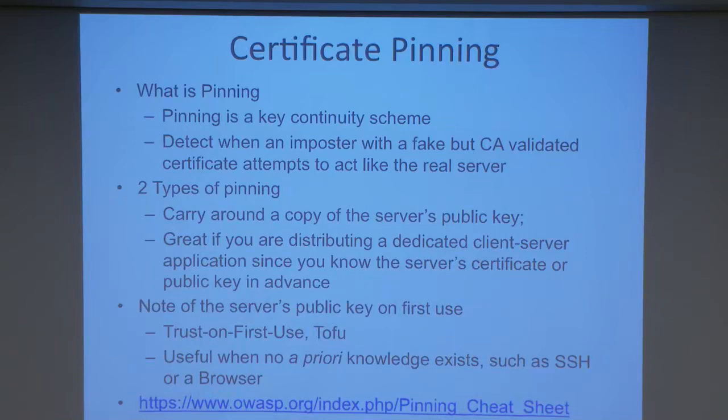Chrome and Firefox will support it, but mobile apps, Android, the Android Chrome browser supports this. A lot of the .NET infrastructure APIs support this. This is a way to detect if someone has a fraudulent private CA certificate and is trying to man-in-the-middle you with it by giving you a fraudulent but properly signed by a CA certificate.